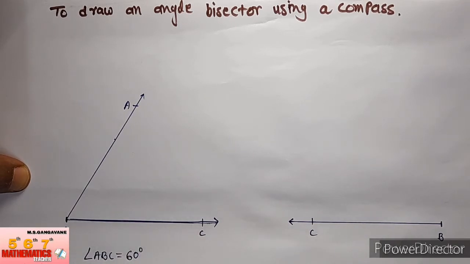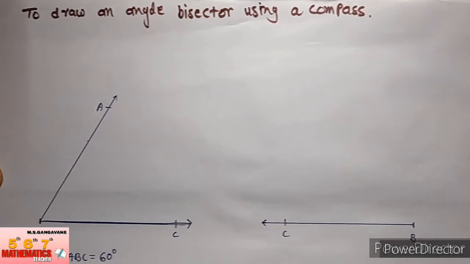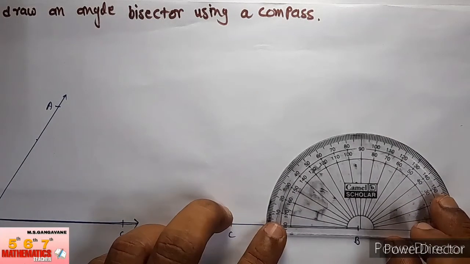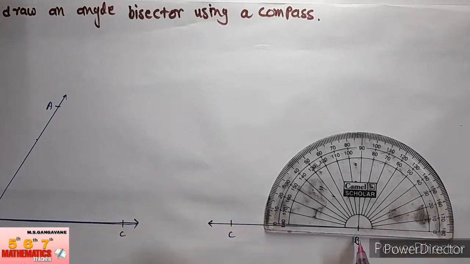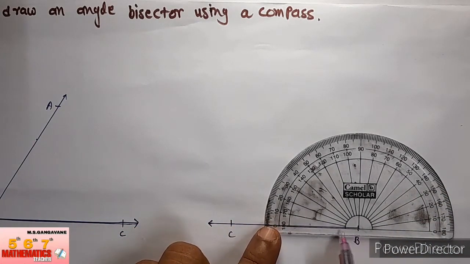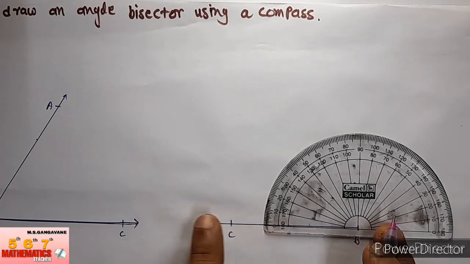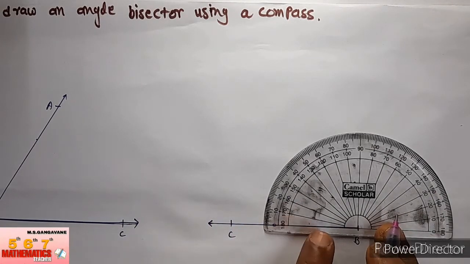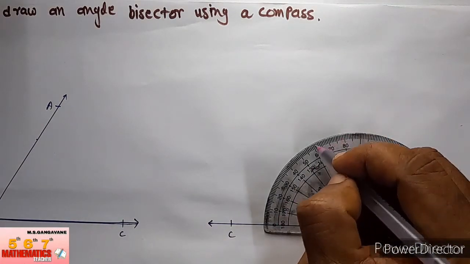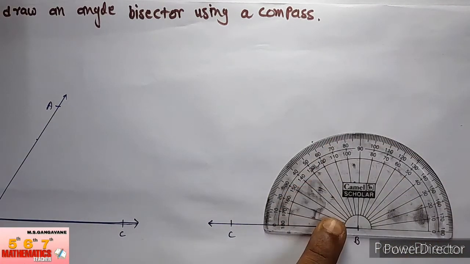We understand? Same, on the other side. We use the protractor. The center point on vertex point B. The baseline exactly joined with BC. Now outside number 60. Make the point.